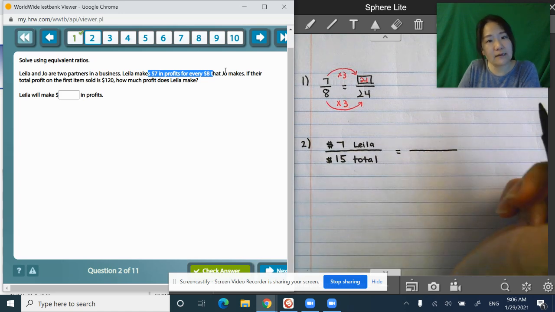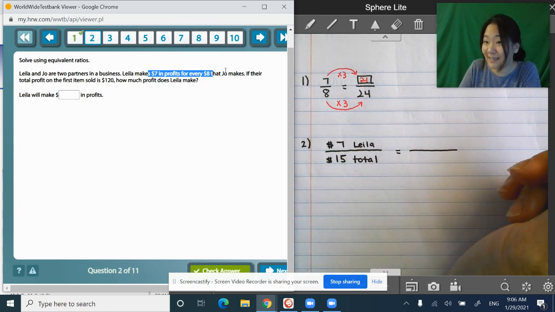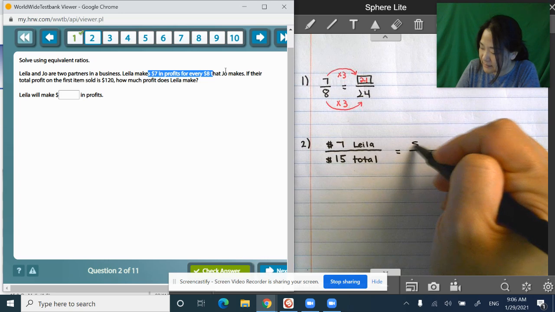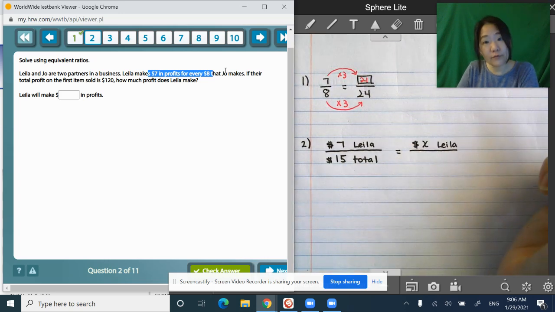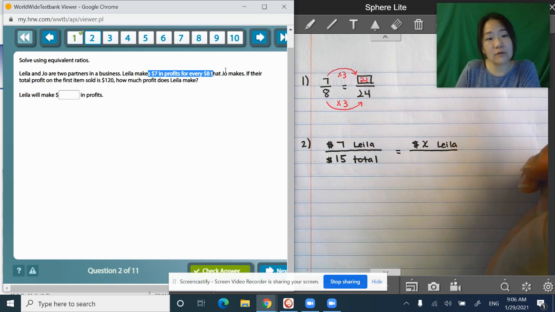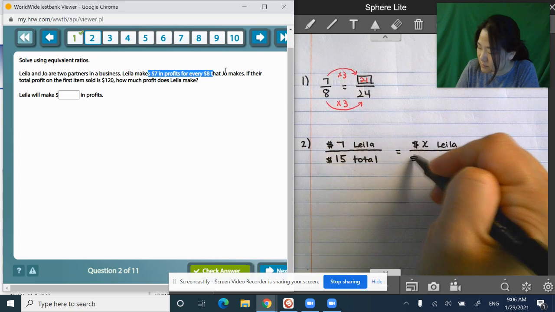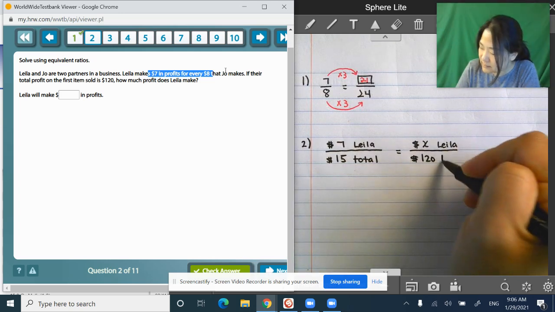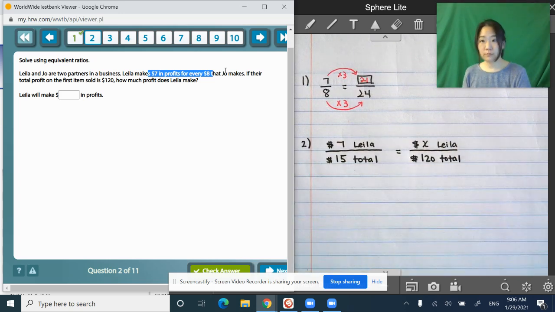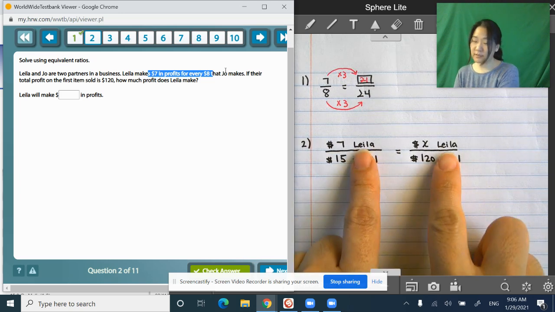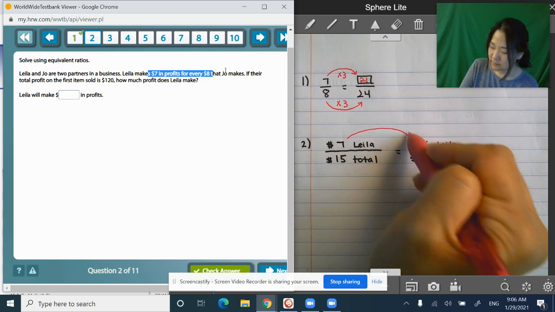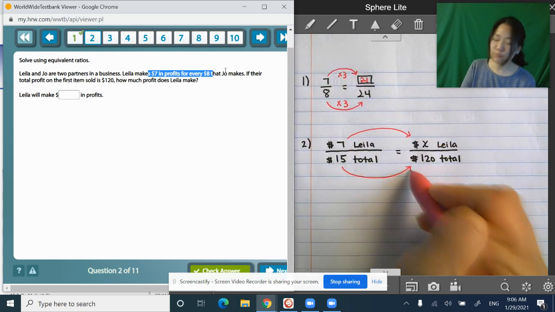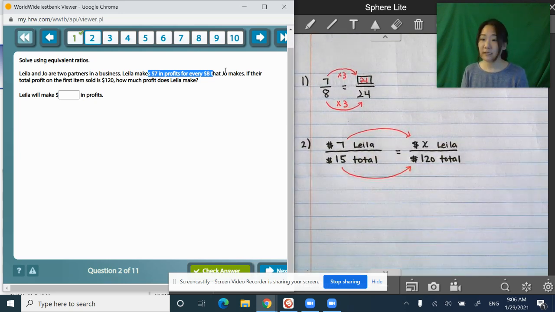Now, what I want to find out is how much profit Layla makes. So I'm going to write x profit for Layla over 120, because 120 is the total profit. So the units match. To solve, 15 times what is 120?